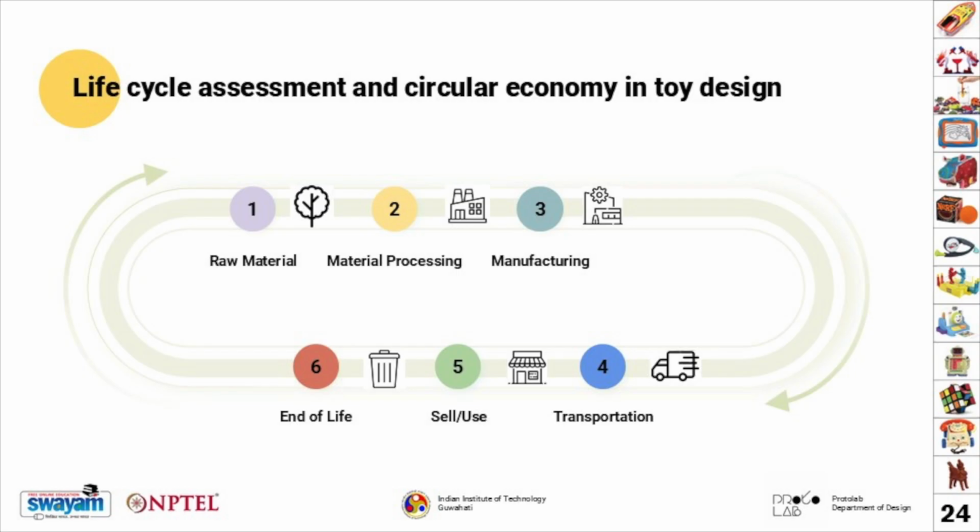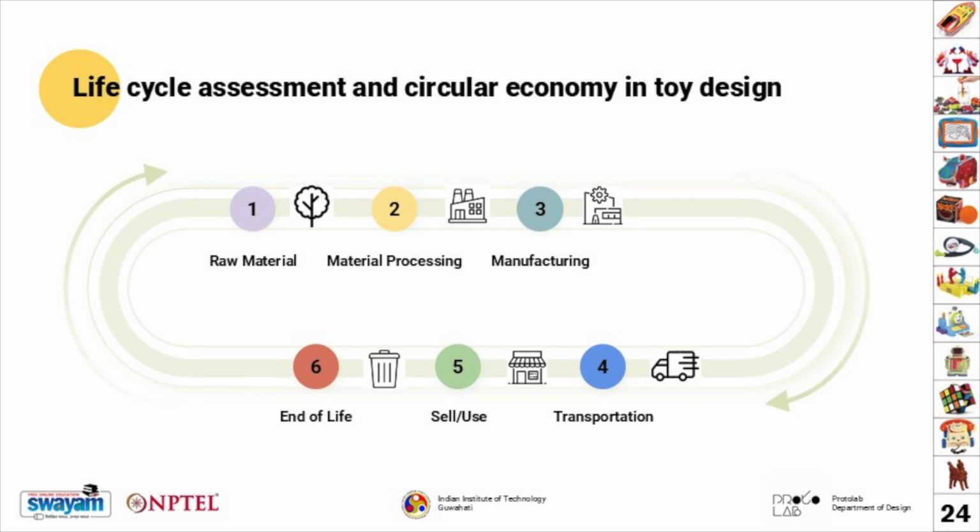Stage 3, manufacturing. This stage includes production and assembly of toy components, quality control and finishing. Eco-efficient manufacturing methods, reduced waste, and safe working conditions are essential for sustainable toy production. Stage 4, transportation.